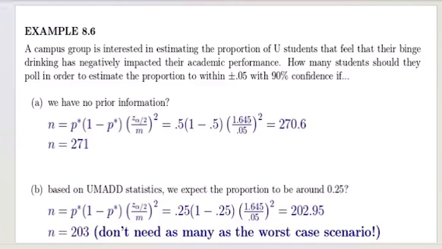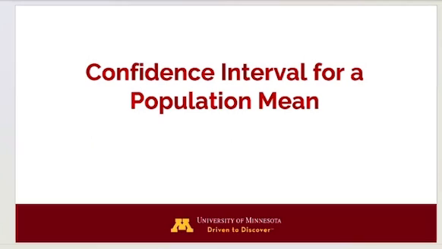Okay. Now, I want to introduce you to confidence interval for mean. We're done with the confidence interval for proportion. Now, let me tell you this. When we want to talk about a parameter of interest that we may want to estimate, maybe proportion, maybe mean.